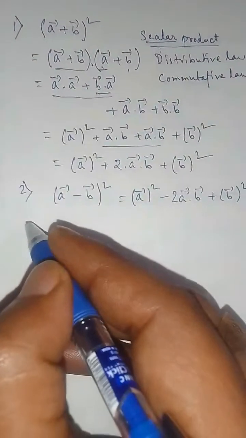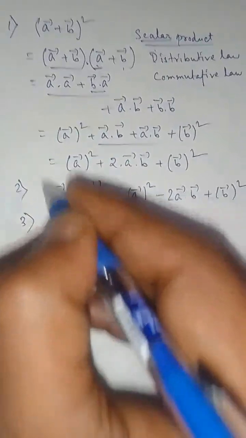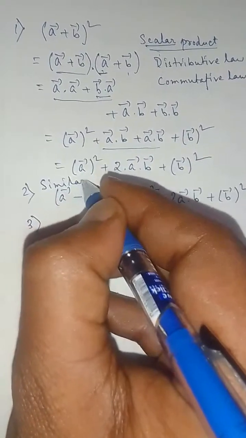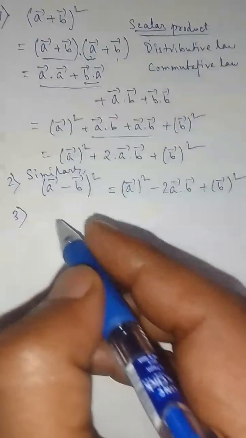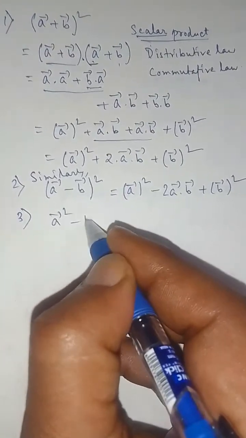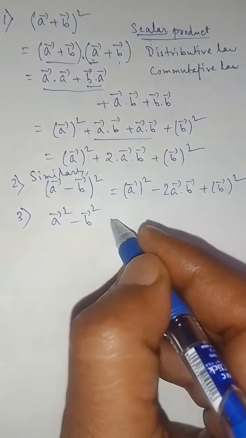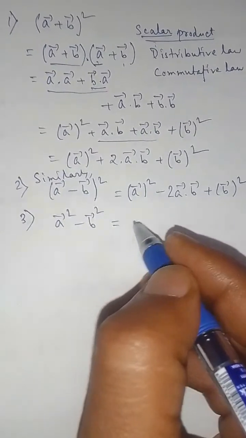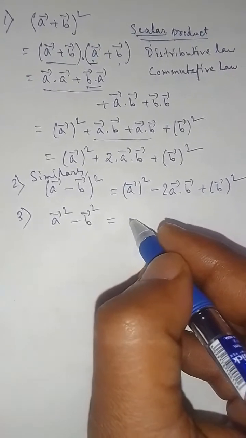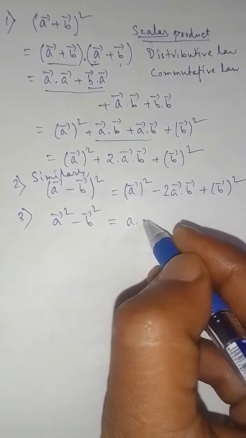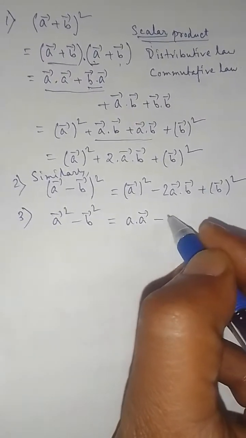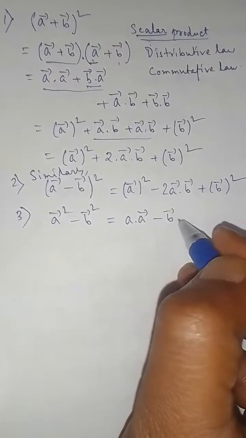And the third formula is, similarly, a vector whole square minus b vector whole square is equal to a vector minus b vector b vector.